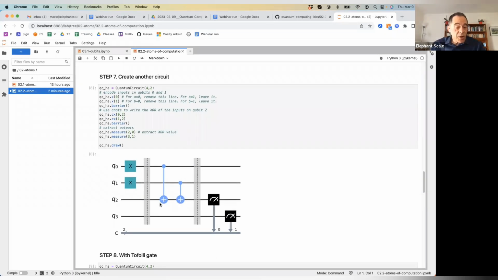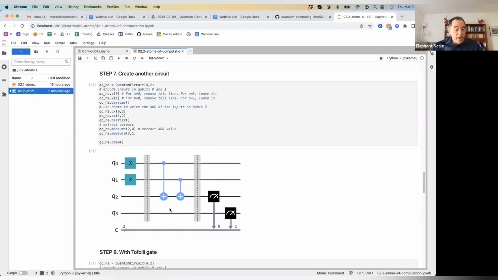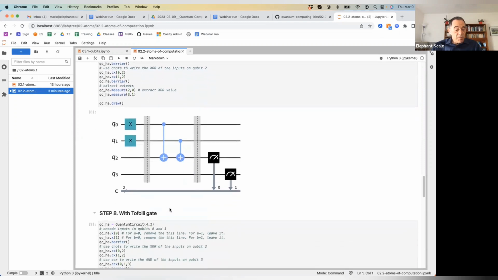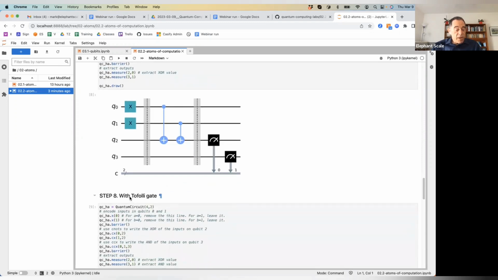What is a logical gate? I already told you. It's those same gates that you had when you were studying computers on a very, very basic level, except that they are using a special notation for the XOR gate, because essentially it's the gate that will convert 0,0 to 0, 0,1 to 1, 1,0 to 1, and 1,1 to 0.